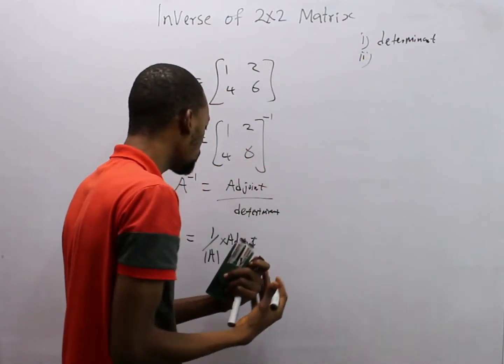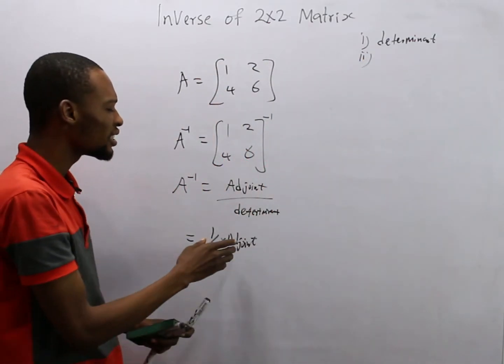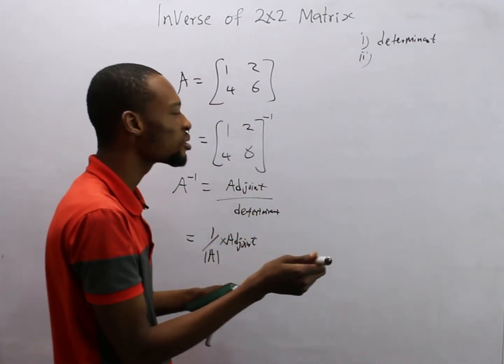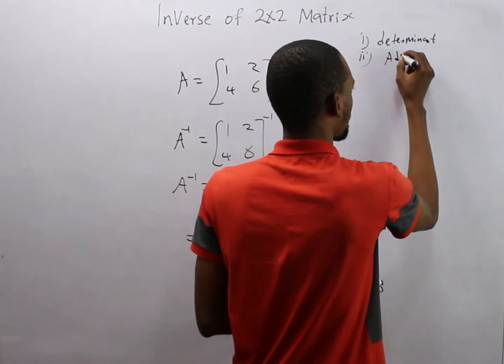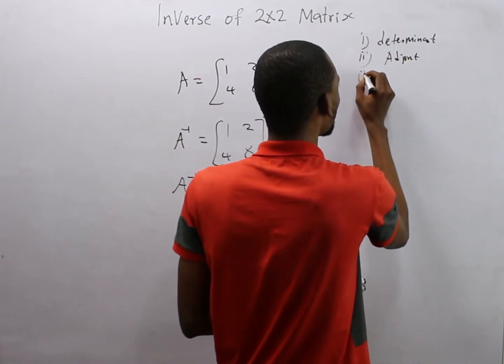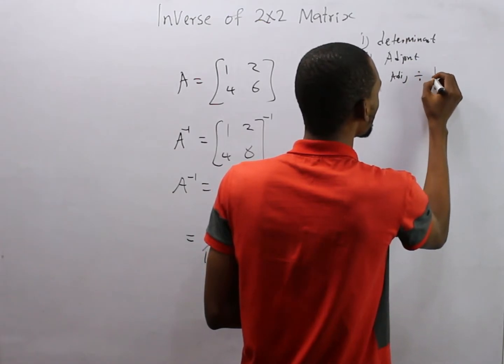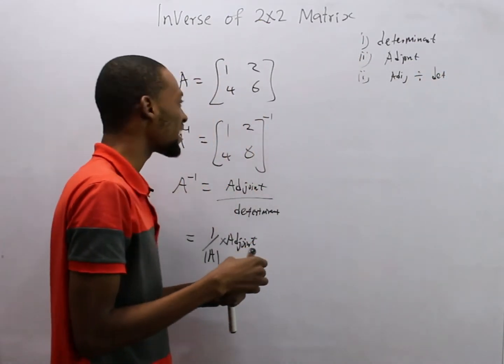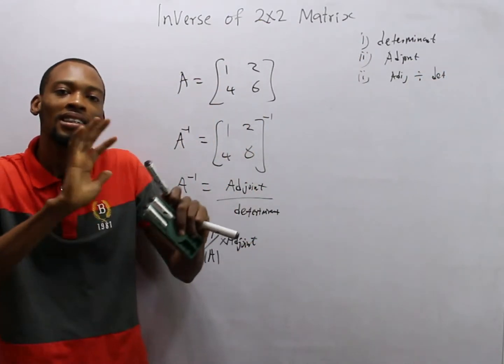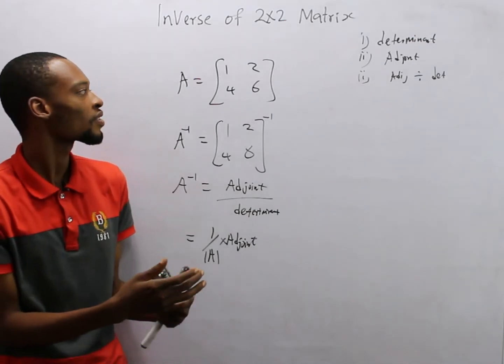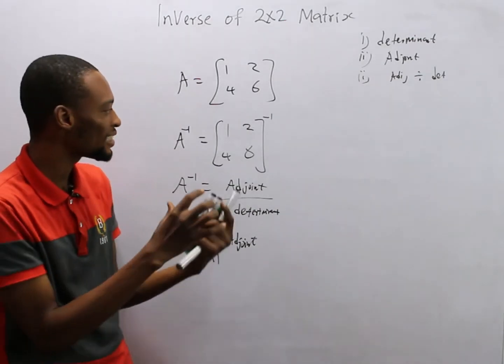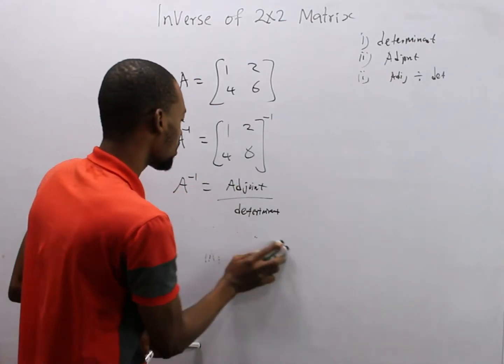The second thing you do is look for the adjoint. After that, you divide the adjoint by the determinant. That's all, you are done. All these are grammar, right? So let's face the real work.